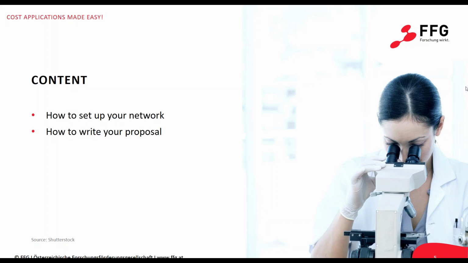We will present the rules and regulations for participating in and submitting a cost action proposal, and complement this with tips from our practice as the national coordinator, reading a lot of proposals and the experiences we made throughout the last couple of years, about what is important to consider when submitting a cost proposal.